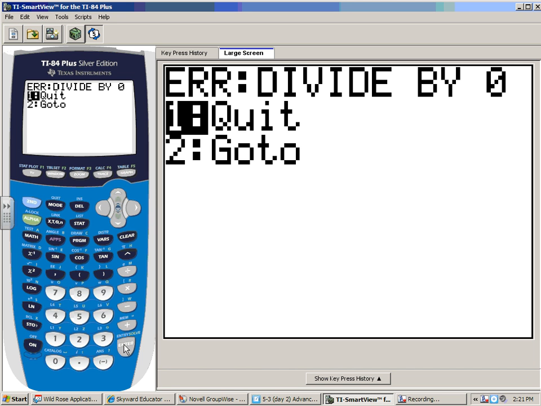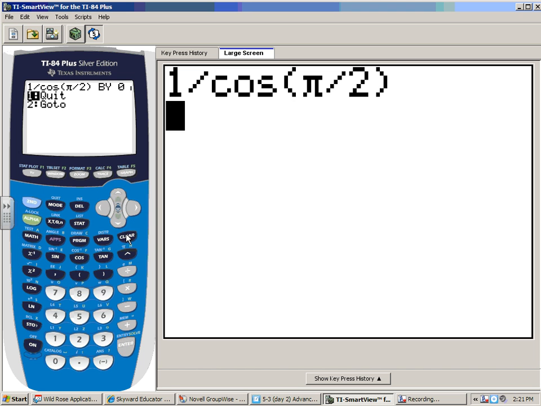Yes, you are dividing by 0 in this one. So if you are dividing by 0, the answer is undefined. Okay. The other one is 1 over sine of pi over 7.